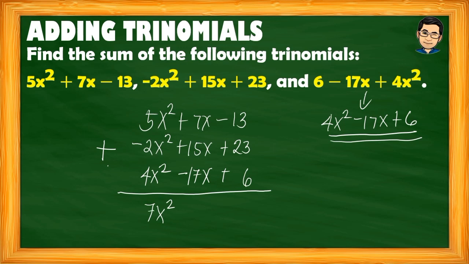Next, 7x plus 15x, that is 22x, plus negative 17x, that is 5x. And finally, negative 13 plus 23, that is positive 10, plus 6, 16. So adding the three trinomials will give us a sum of 7x squared plus 5x plus 16.